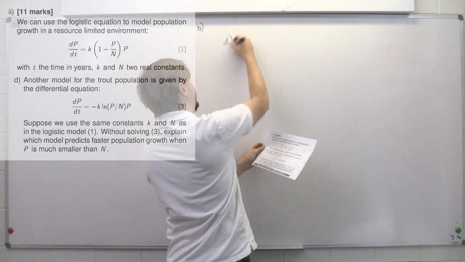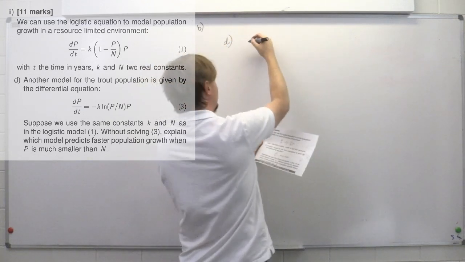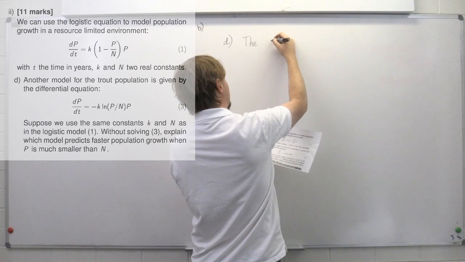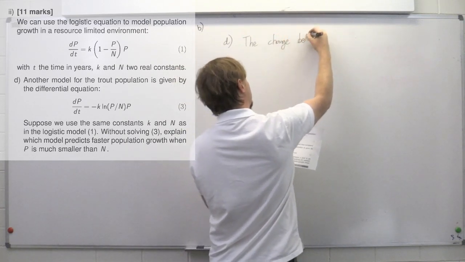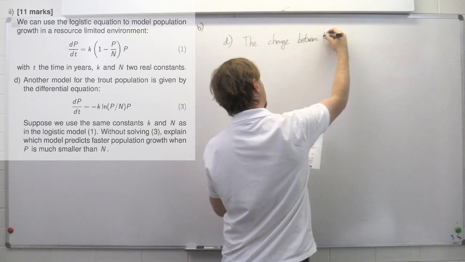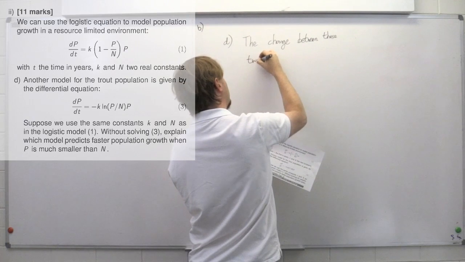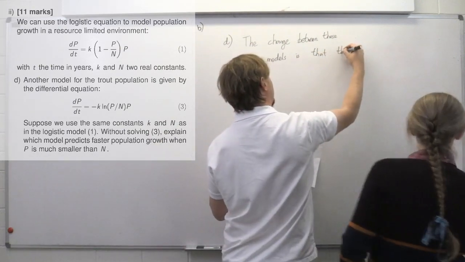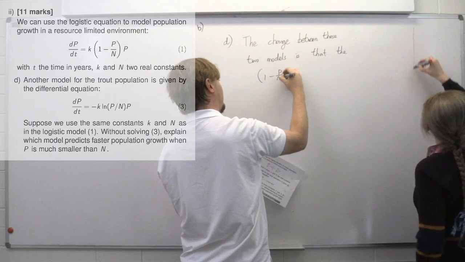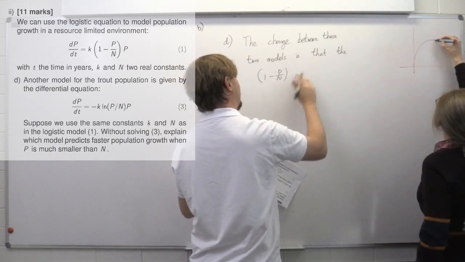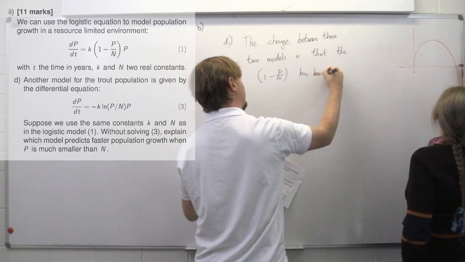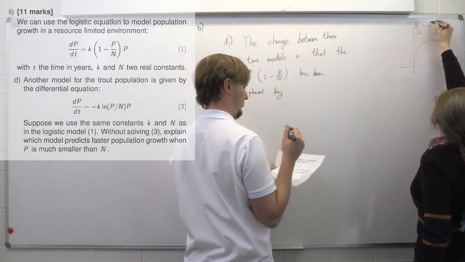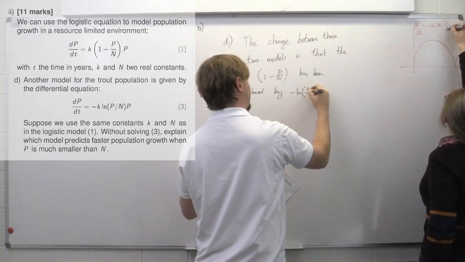So for part D, you can see that the difference, the change between these two models is that you've really replaced this term, 1 minus p over n, by minus the log of p over n.